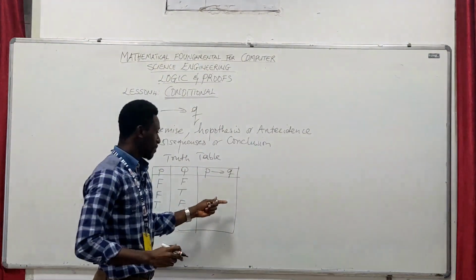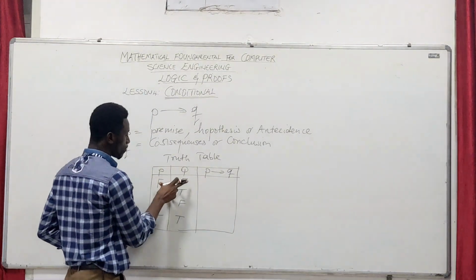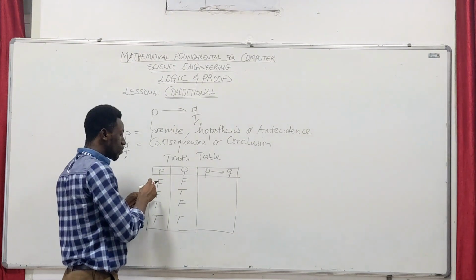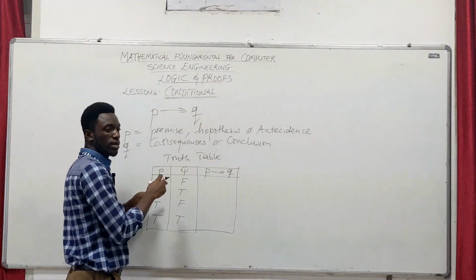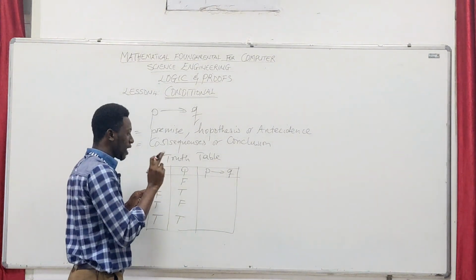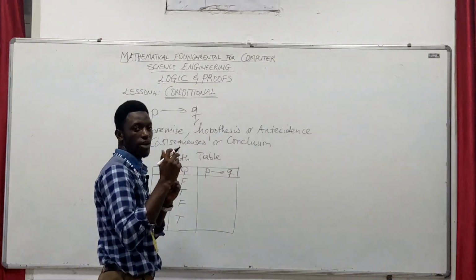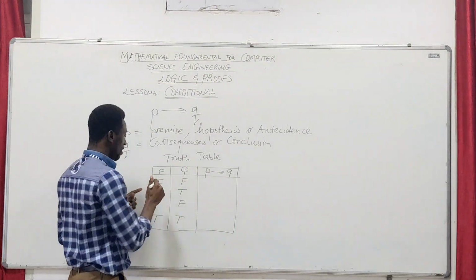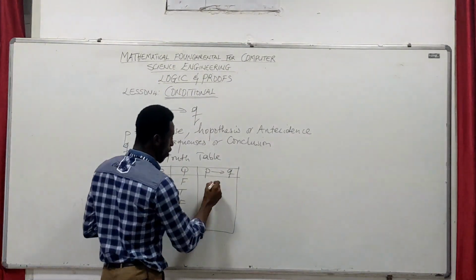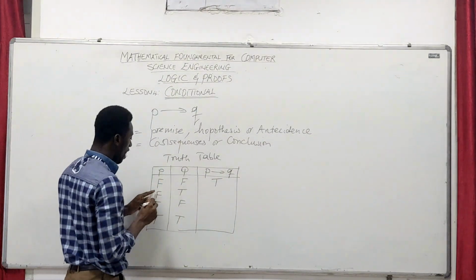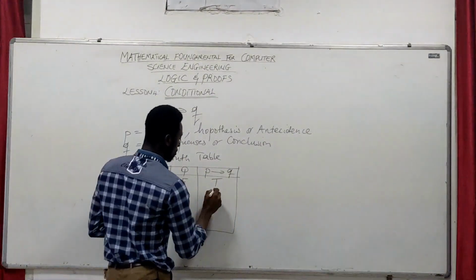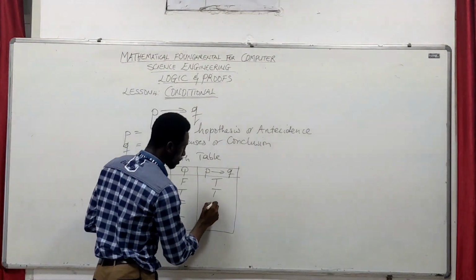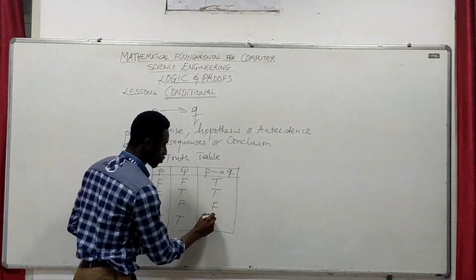So for conditional statements, if the premise or the antecedent is true, then the statement will be false only. Otherwise, if both are true or both are false, then it implies true. Okay? So here we have false and false become true. Here false and true becomes true. True and false become false. And true and true becomes true.